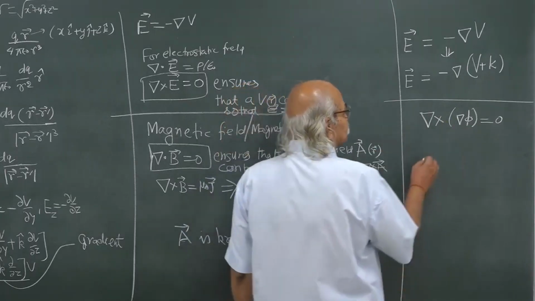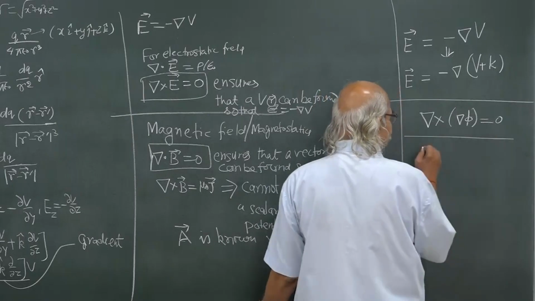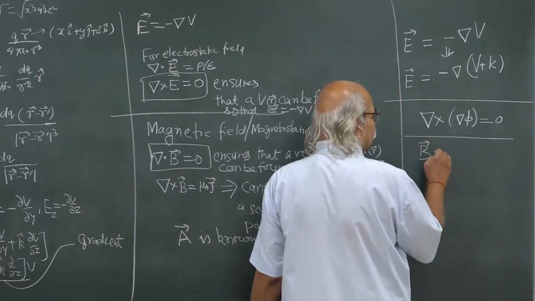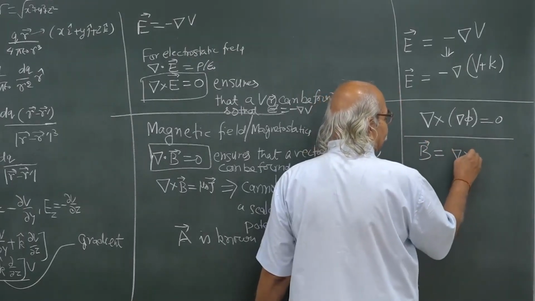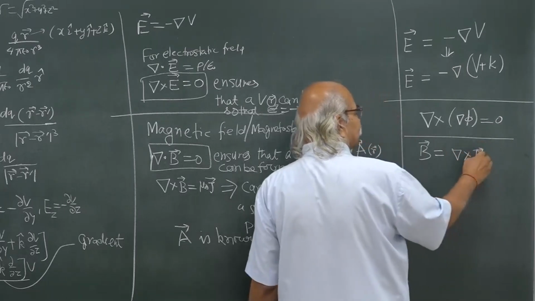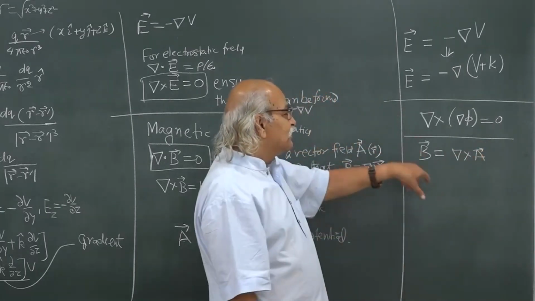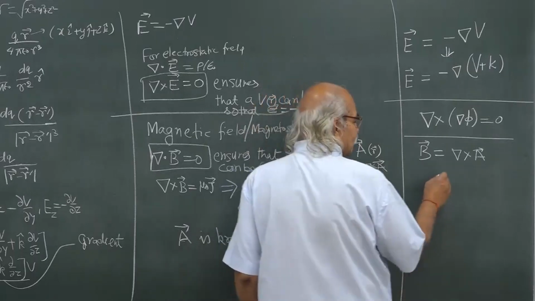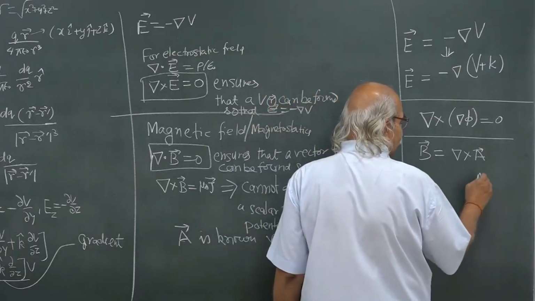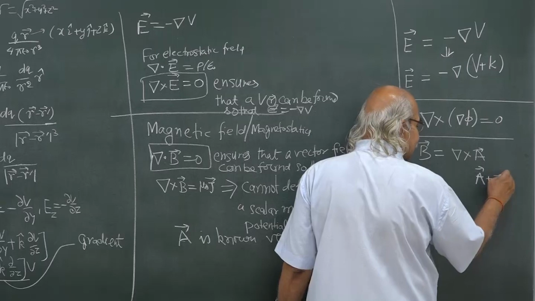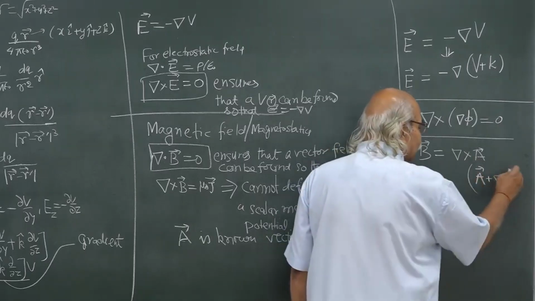And therefore, if you have gotten some function A so that the magnetic field B is equal to curl of A, then you can always add any gradient function to this, not just a constant.